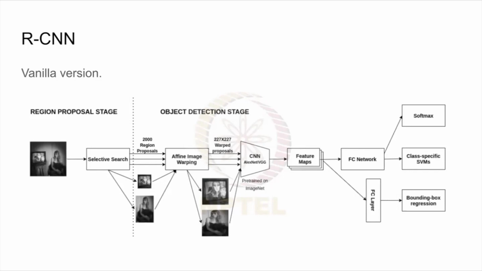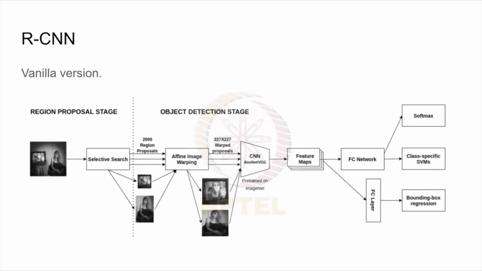We put the feature maps into the fully connected network, just like a CNN for classification, and we first pass one head to the softmax loss. That is, we put a softmax loss on the output of the head to determine what the class is.